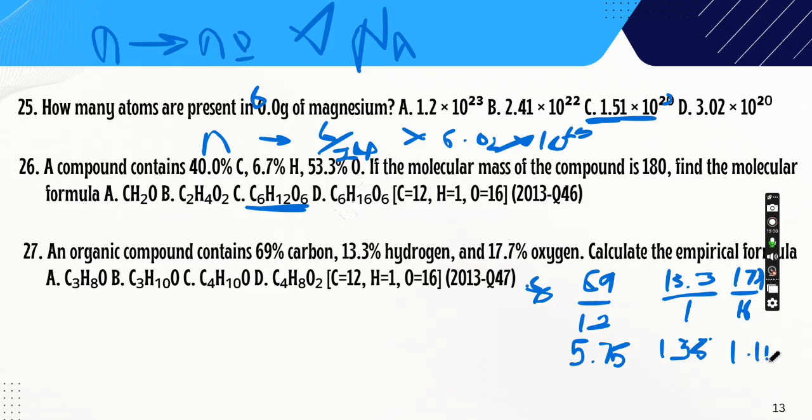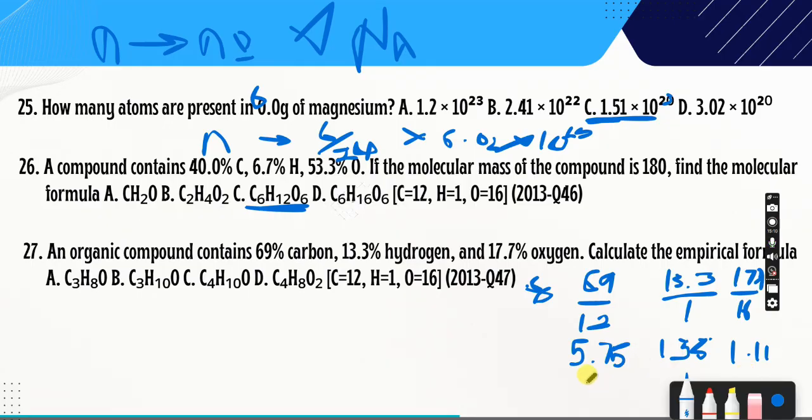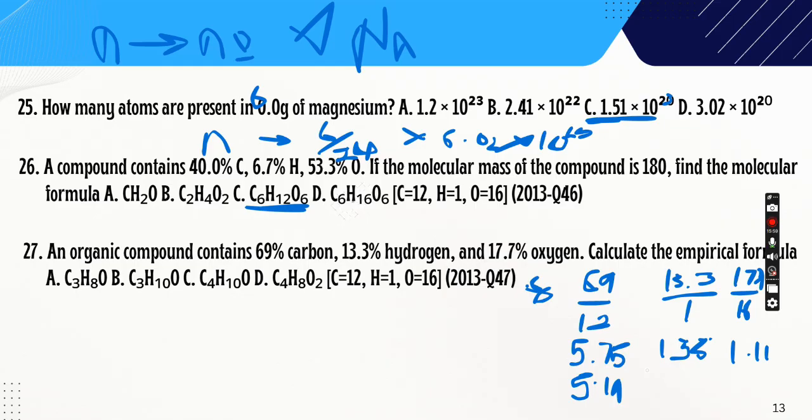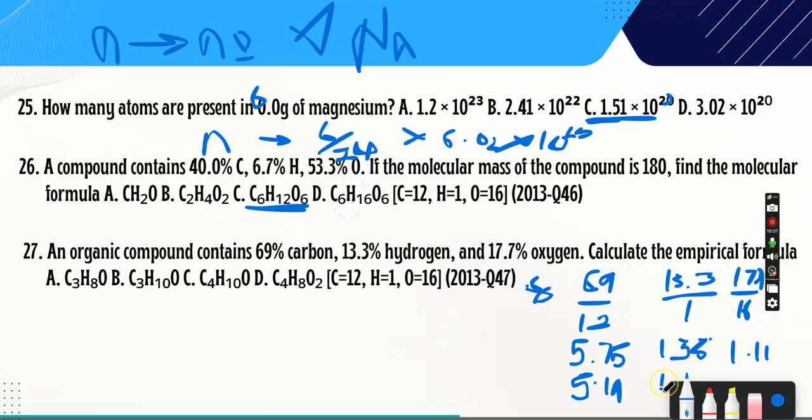So by the time we divide by the smallest, 5.75 divided by the smallest, that will give us 5.19, and dividing this 13.3, this will give us 12, and this will give us 1.